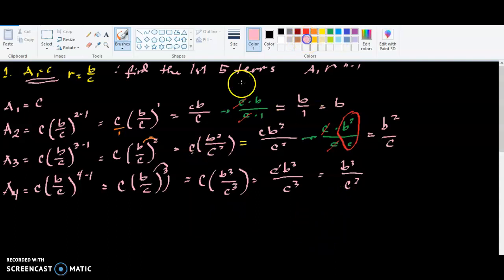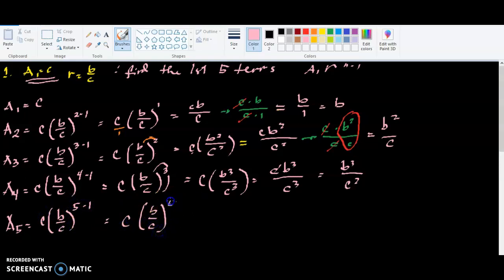Next, let's move to the last term. We have the a5. So, we have C times B over C raised to 5 minus 1, which is equal to C times B over C raised to 4. That is equal to C times B raised to 4 over C raised to 4.